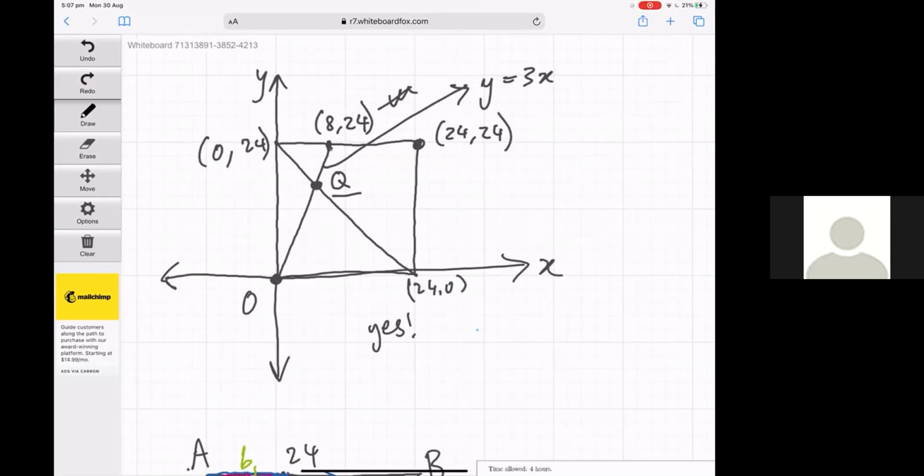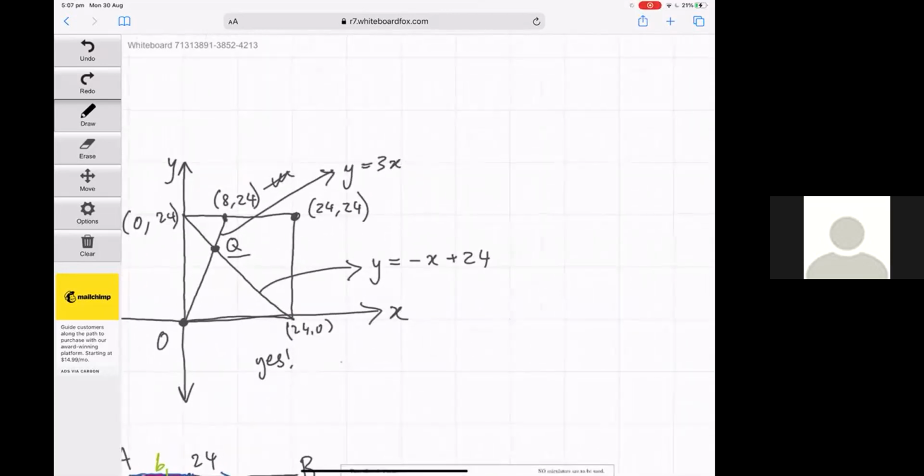This other one has a gradient of -1 because the rise and the run have the same magnitude and it's in the negative direction. The y-intercept is 24, so it's y equals -x plus 24.